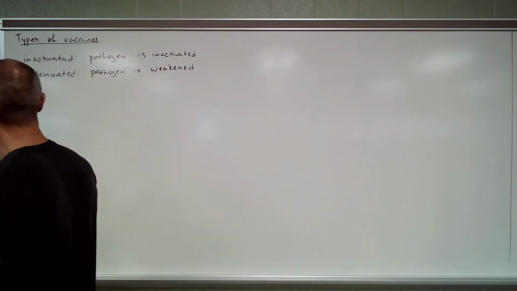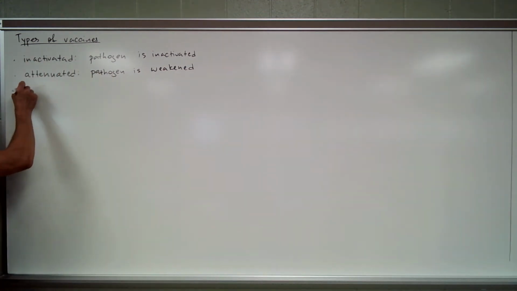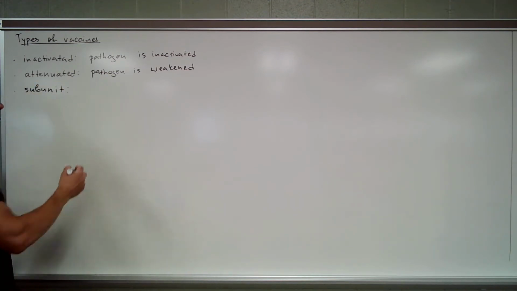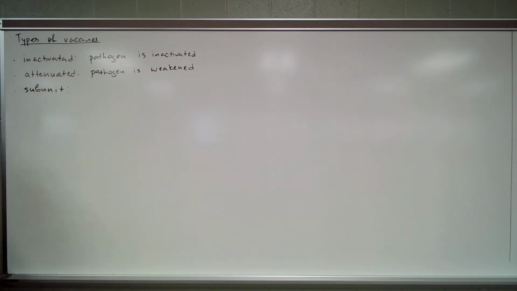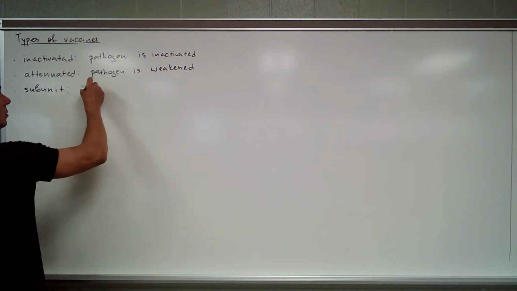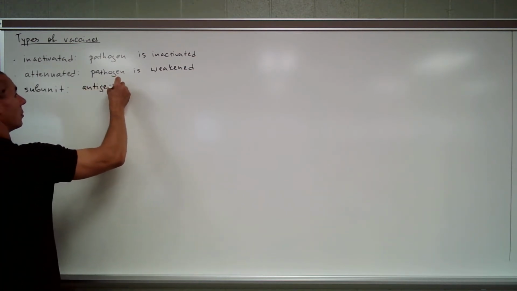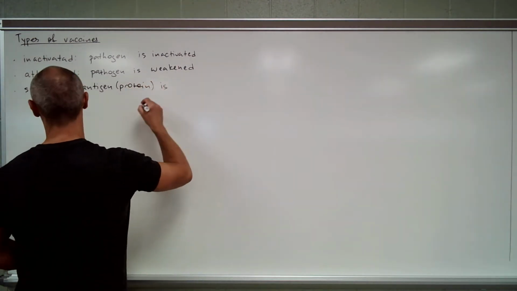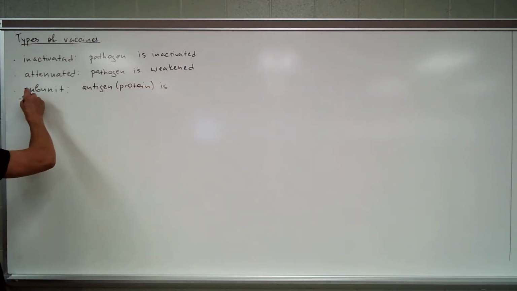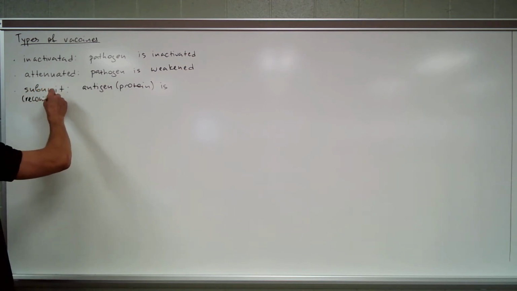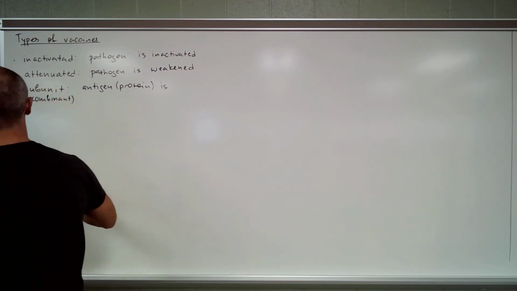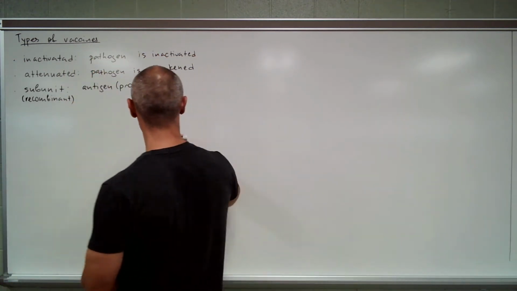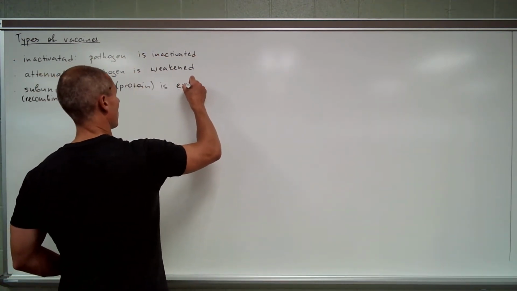And then we have subunit vaccines. So basically in this case you take an antigen. They're sometimes called subunit or recombinant. So you have an antigen, it's a protein in basically all cases, expressed independently.